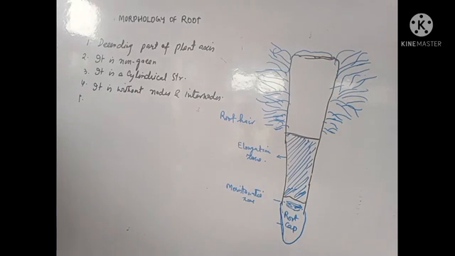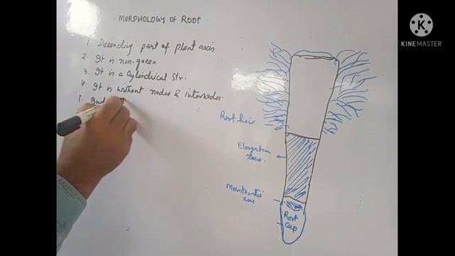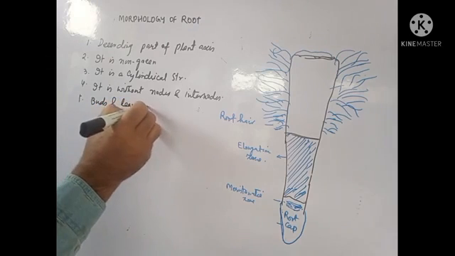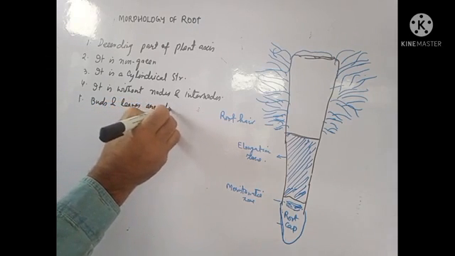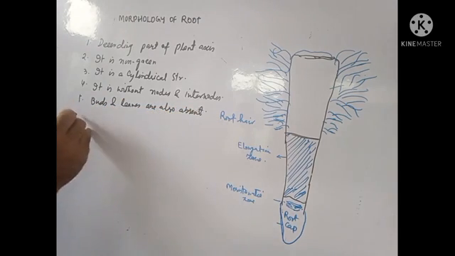Number fifth, buds and leaves are also absent. Number sixth, important character, that is presence of root cap.